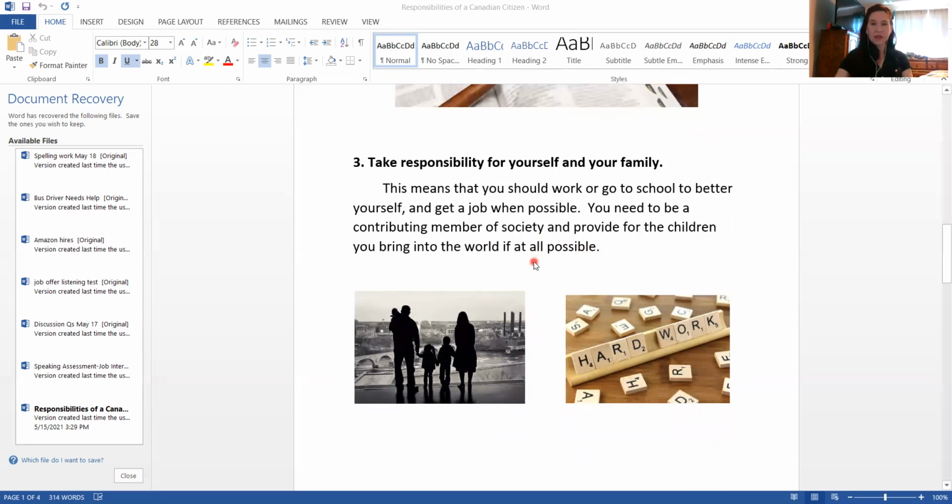Now, we understand that when people first come to Canada, their language might not be at a level that allows them to work. So that is a case where going to school would help you to better yourself and allow you to get a job in the future.